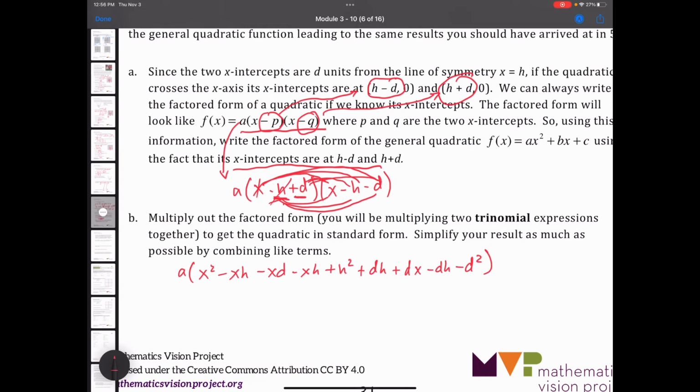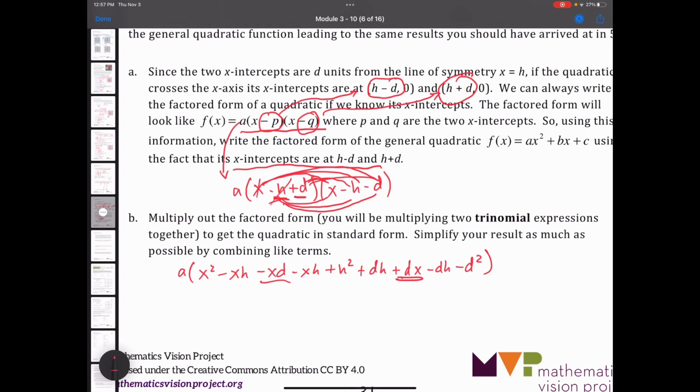And now I'll try to simplify this as much as I can in like terms. Now, remember, if I have two numbers like 3 times 4, that's equal to 12. Is 4 times 3 also equal to 12? Yes. So if I have 3 times 4, I can also write that as 4 times 3. So whether you have xd or dx, those are like terms, right? Because it doesn't matter the direction that you're multiplying, they're going to be like terms.